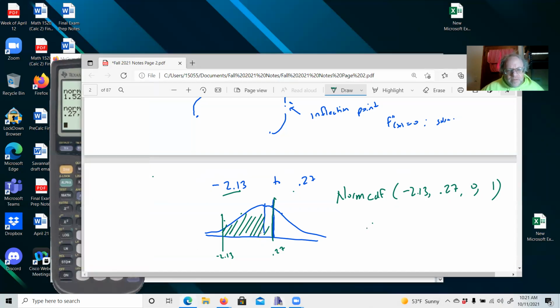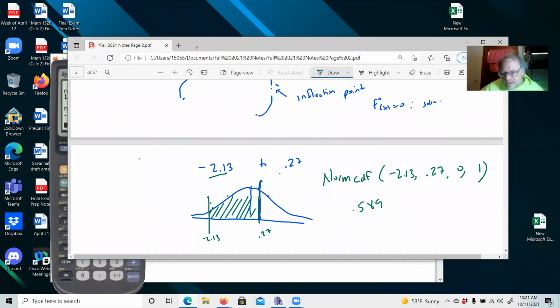So we get 0.58983. Now this number, we're going to round it, but it's less than 5, so we're not going to contribute. So our answer here is 0.5898. Okay, and there we go.